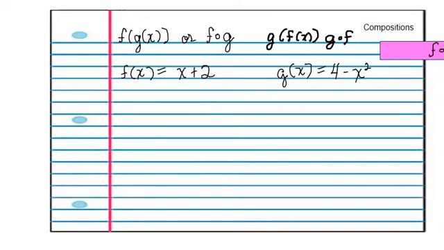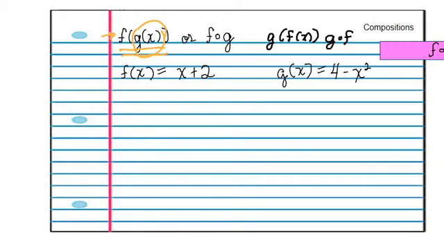So I'm going to take a look at doing the f of g of x first for these two functions. The easiest thing to do is the g guy is going to go inside the f guy, because that's pretty much how it has it.